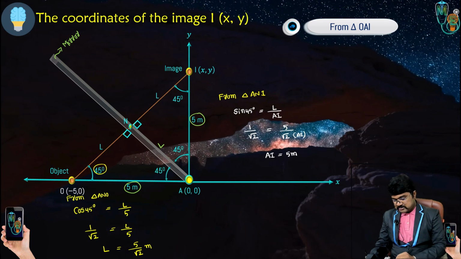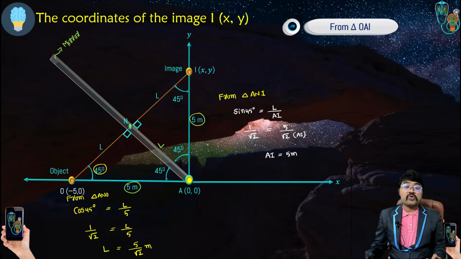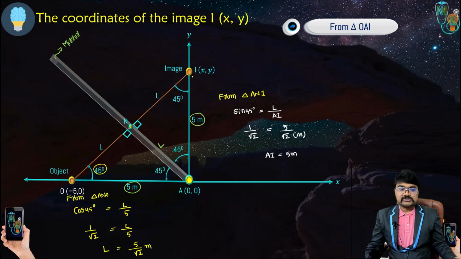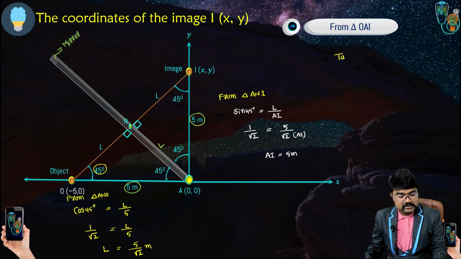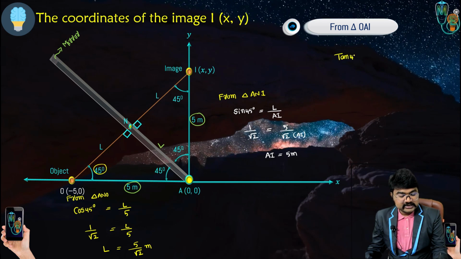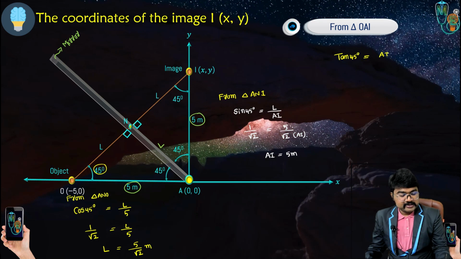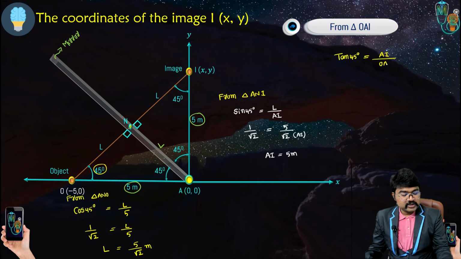Or else from triangle OAI, tan 45 degrees equals AI by OA.